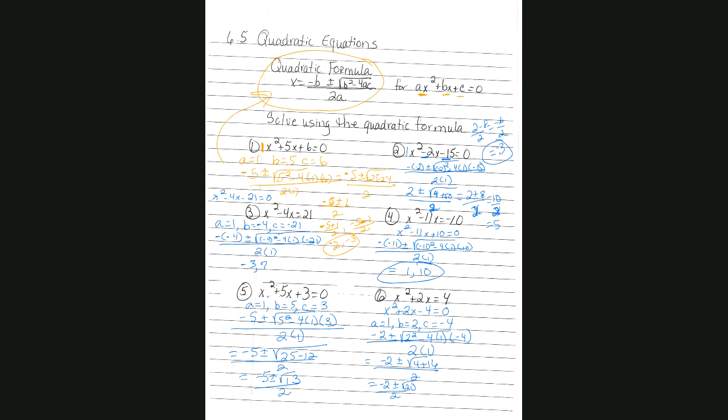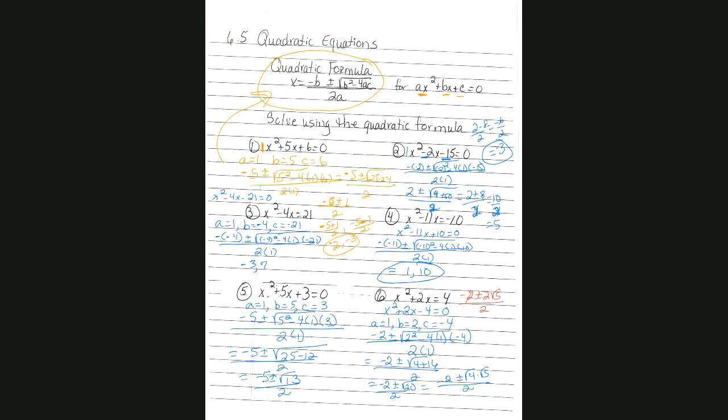And you have to simplify 20 down into negative 2 plus or minus the square root of 4 times the square root of 5 over 2. So the final answer, I'll put it in red, will be, you have to simplify it though. It's going to start out with negative 2 plus or minus the square root of 5, because the square root of 4 is 2, all over 2.